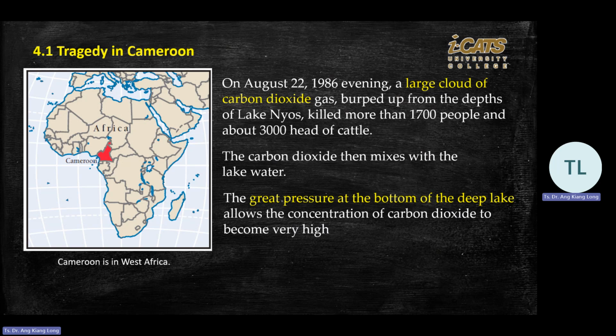The village's water source was under a volcano, and you know the volcano has lots of high pressure. So the CO2 mixed with the lake water and formed toxic water. The village drank the water without knowing it, and it killed the whole village, including the cattle.